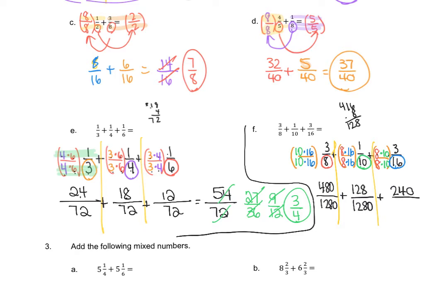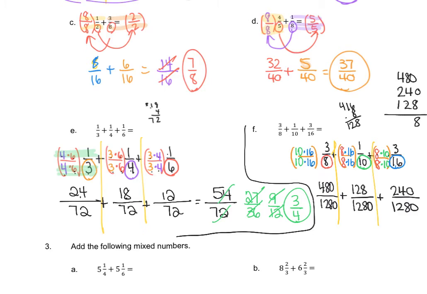And again, if any of these math facts you need a little time, just pause the video and do your math facts, use your multiplication chart, use good old-fashioned multiplication, showing your work using that scratch paper. And the bottom is 1280 again. All right, so I'm adding 480, 240, 128.